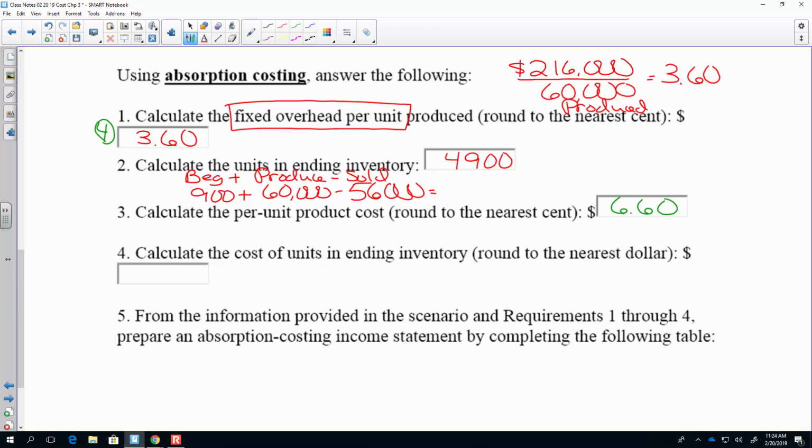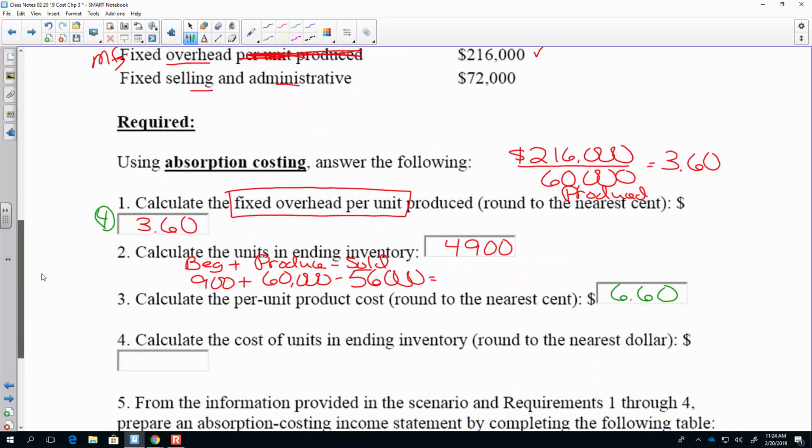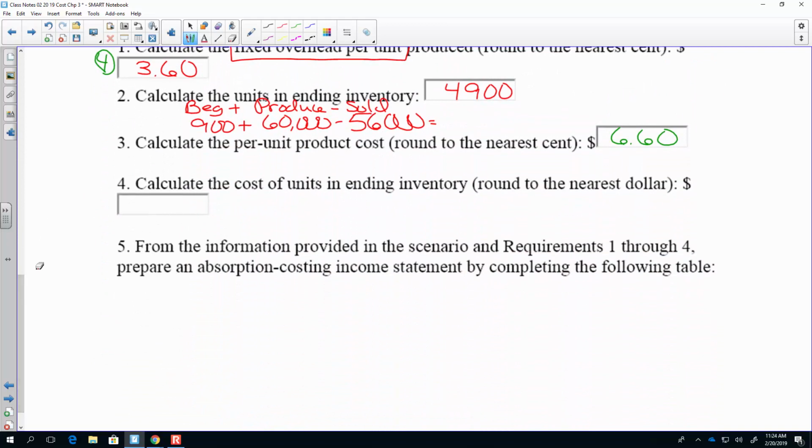So I'll write down $1.80, plus 90 cents, plus 30 cents, plus $3.60, which equals $6.60.